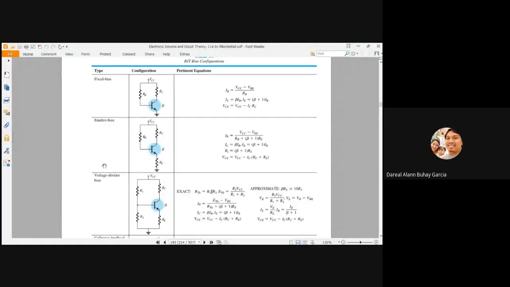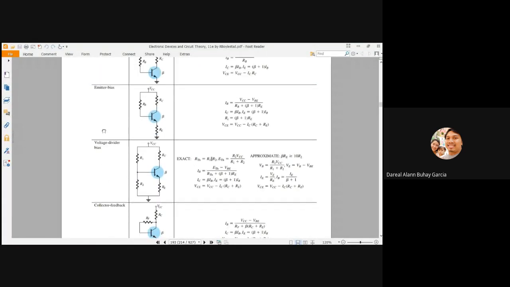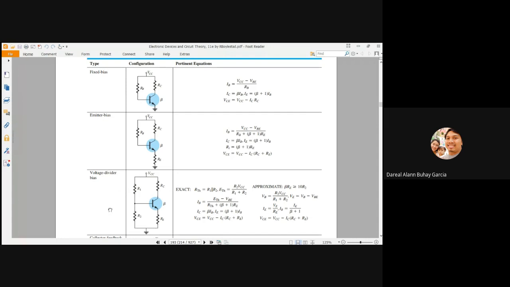On page 193, katong nagpalit og actual textbook, mao ba gyapon ni nga page number ang iyang gigamit kay same man ni nga edition. Go to page 193 daw. Na-add dito ang kani, no?